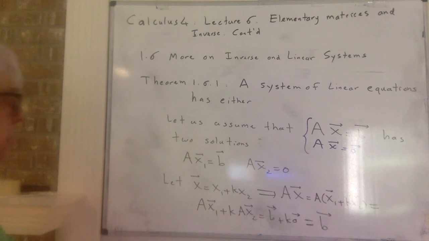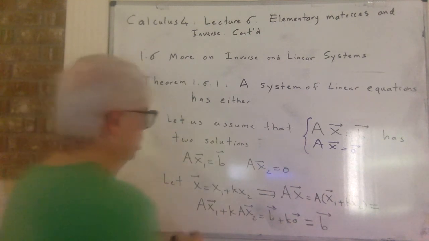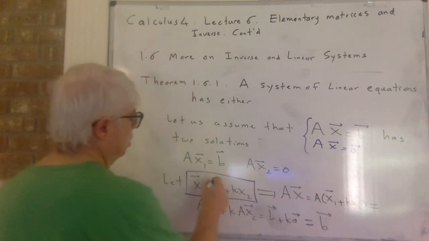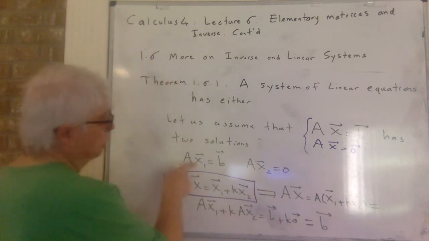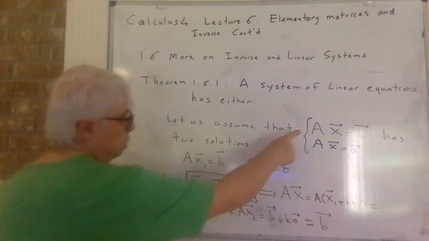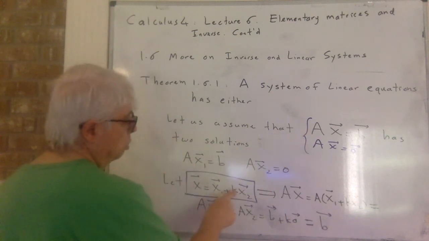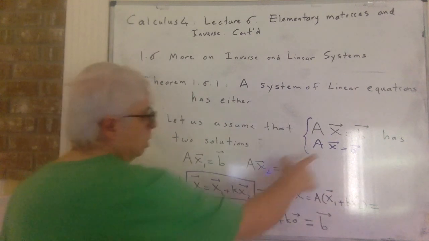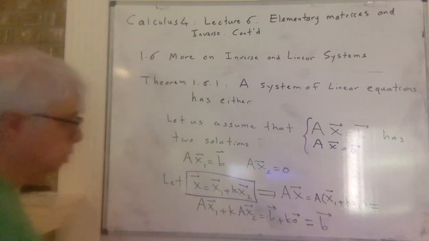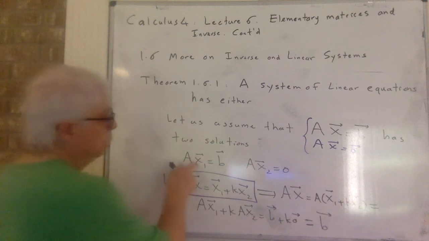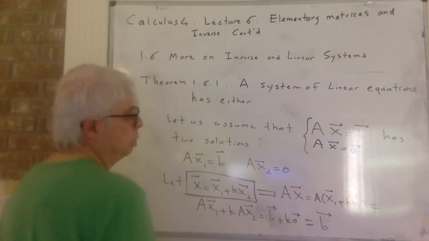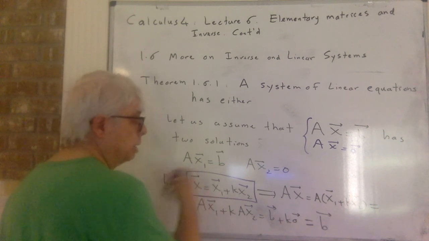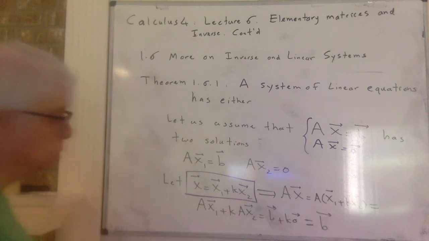So it seems that this x, which is the sum of a solution to this equation and some constant times a solution to this one, is another solution. So if I add to x1 any solution here times the constant, that vector is another solution.